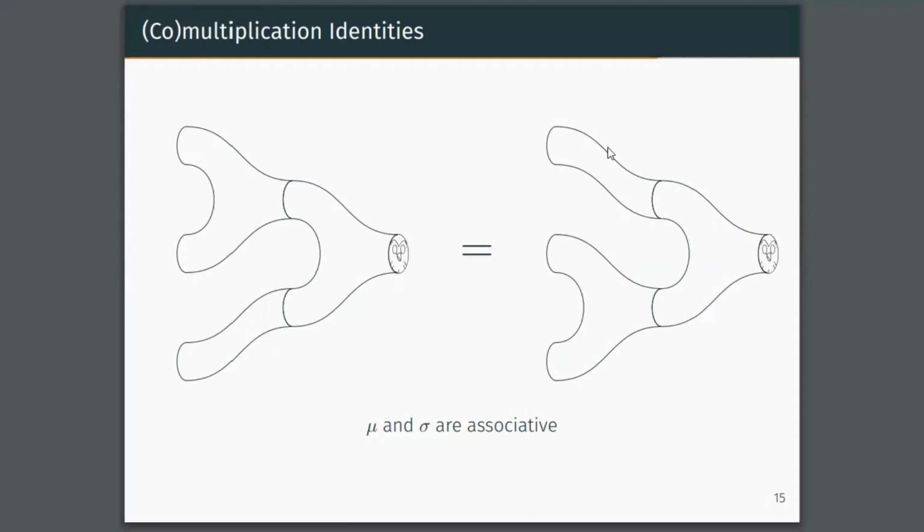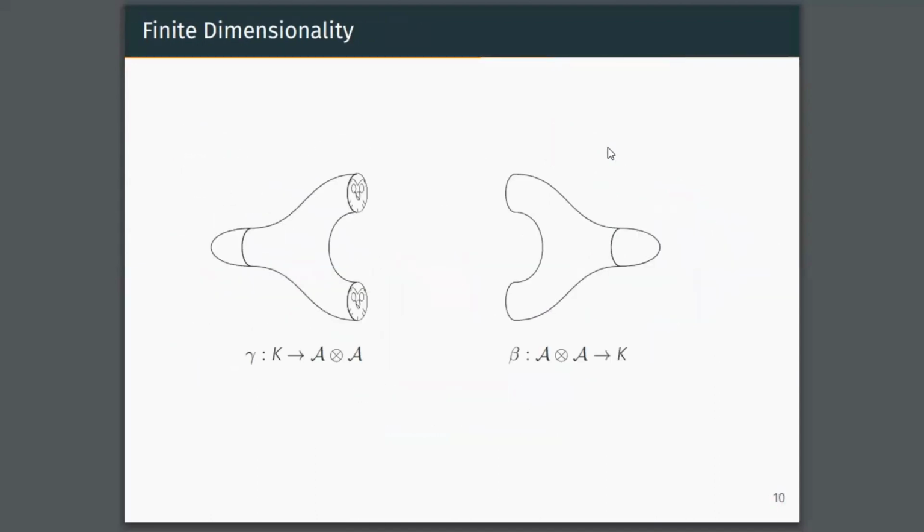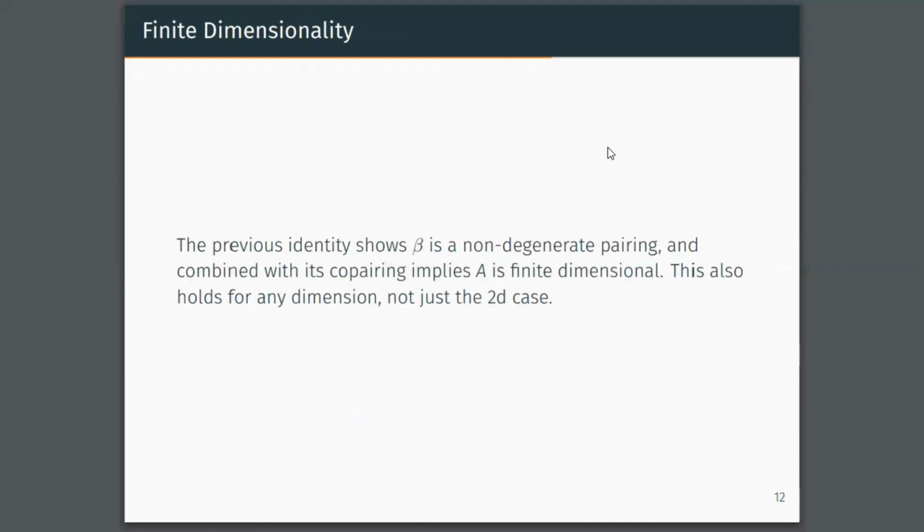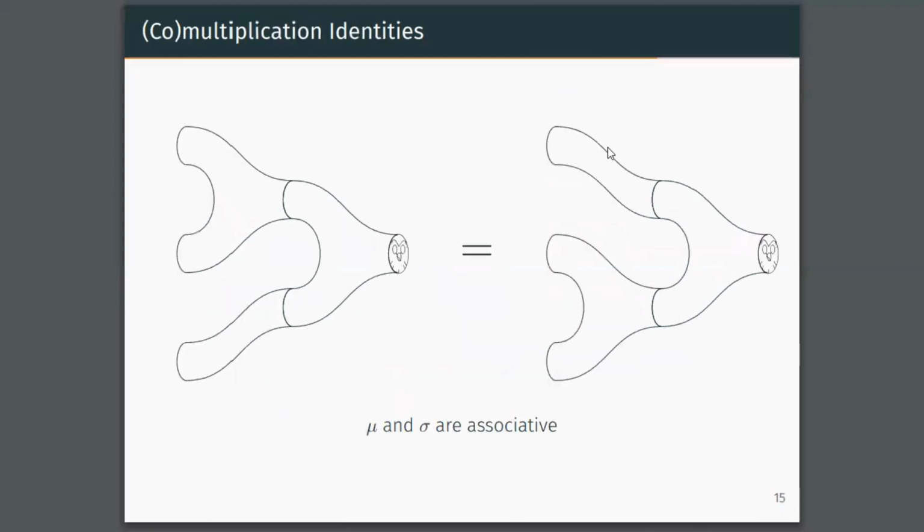So when I say flipping, I mean effectively across the vertical axis here, because I'm only drawing these diagrams for our multiplication. For what I wrote as mu here, this multiplication, if you flip it across vertically, you get the result for co-multiplication.